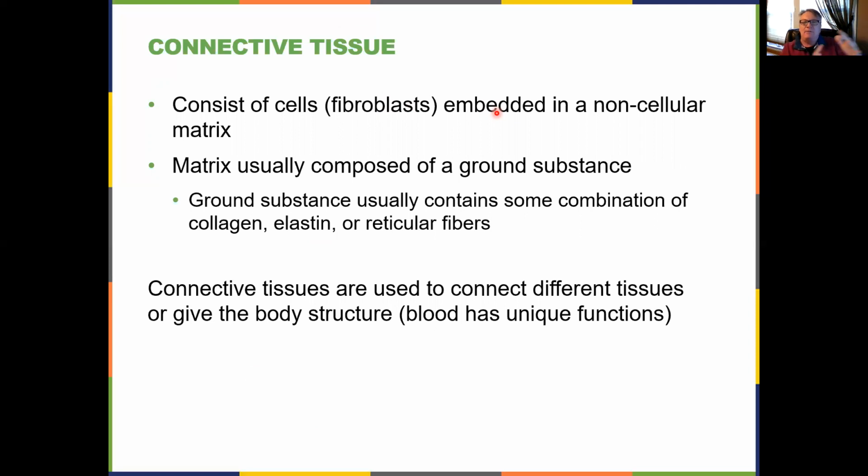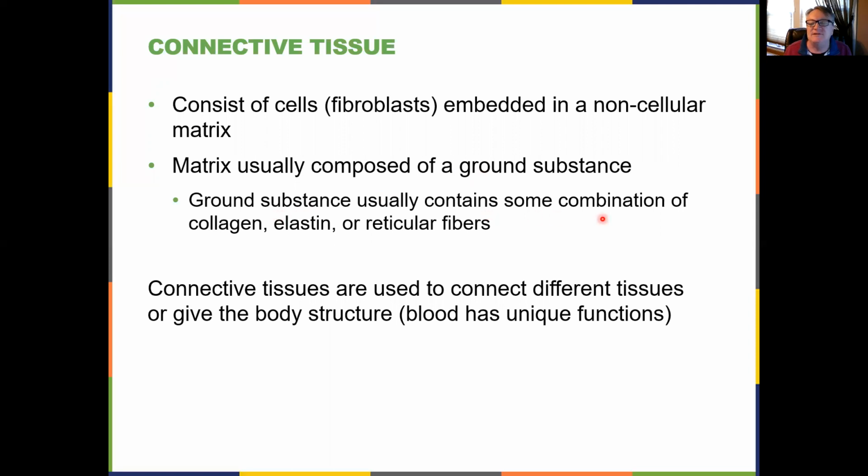So there's a bit of a gap, and that provides strength or flexibility depending on the function of that tissue. And this is how we differentiate these different connective tissues, is the content of the matrix. The matrix is another word that we use for that. Also, ground substance is a word that we use for that.